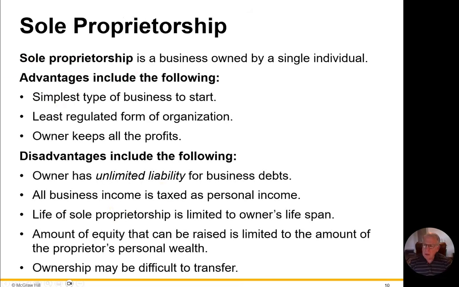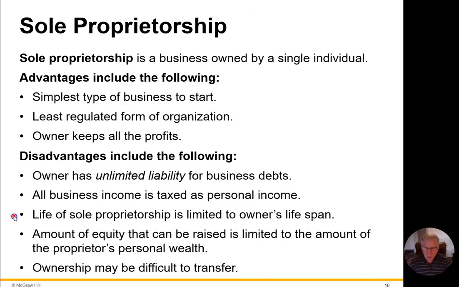Sole proprietorship, as I mentioned here, is a business owned by a single individual. And the advantages: it's a simple type of business to start. It's the least regulated form of organization by far. And the owner keeps all the profits. The disadvantage is that the owner has unlimited liability, as I mentioned, and all business income is taxed at personal income levels when it is withdrawn from the business.